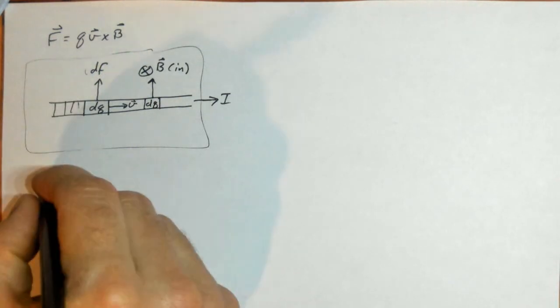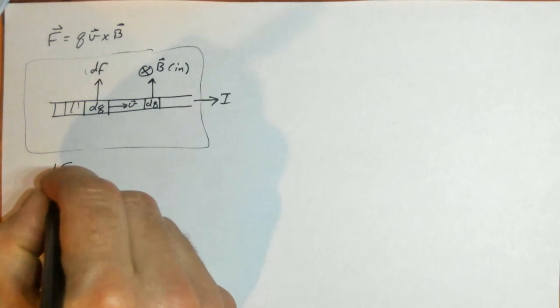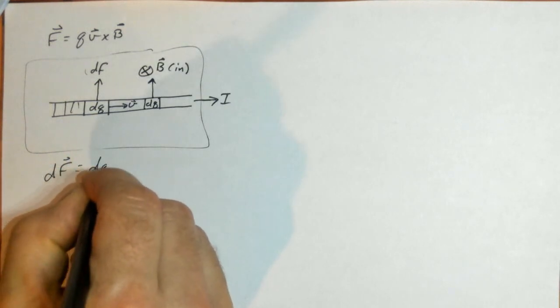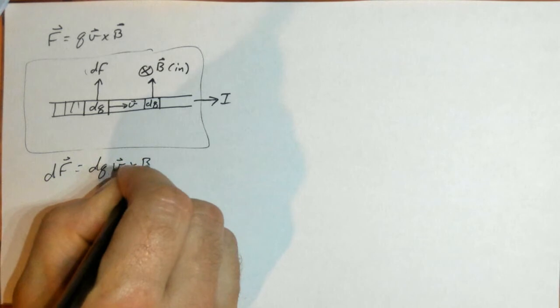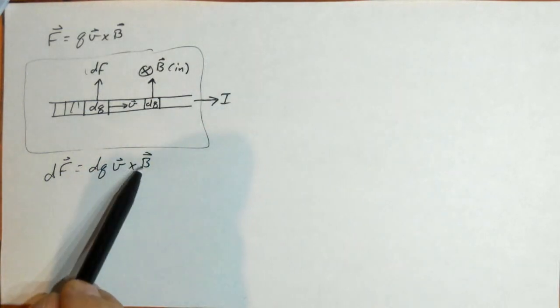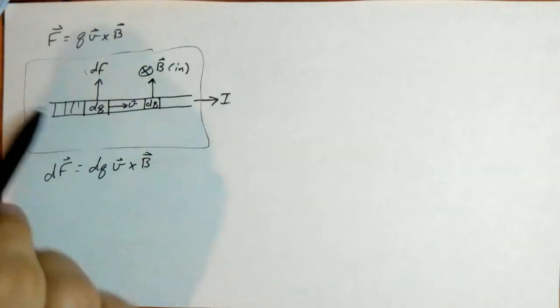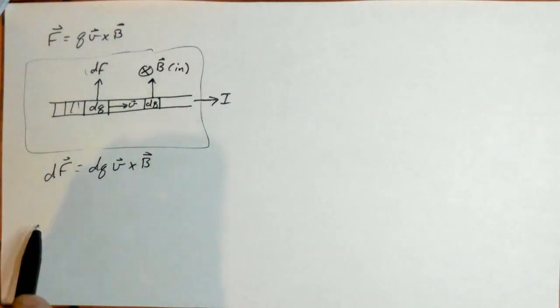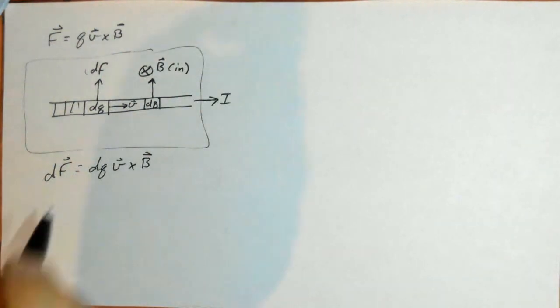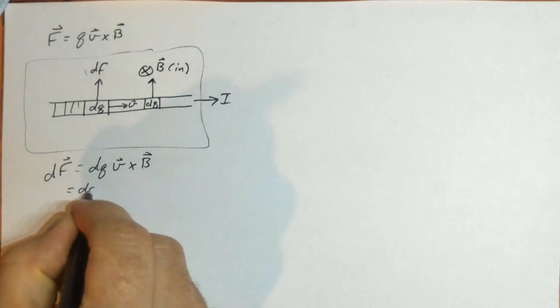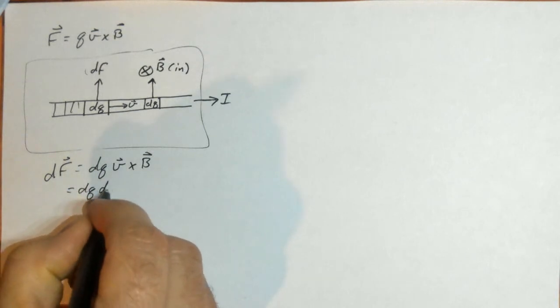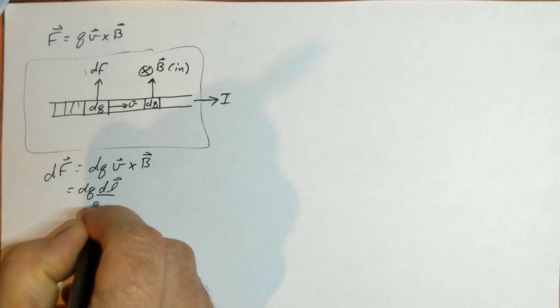So if that's a dF, what I want to do is say dF is equal to dq v cross B. Remember again that B is some applied field from sources other than these charges here, something else. Well, what is v? That's just dl over dt.